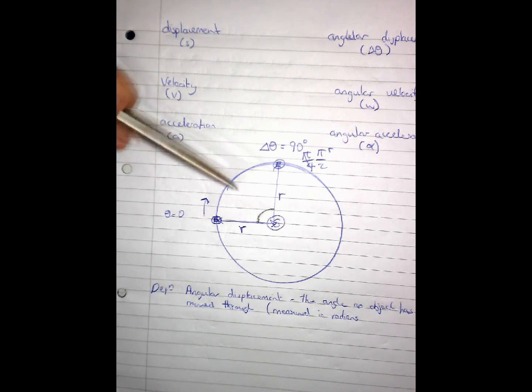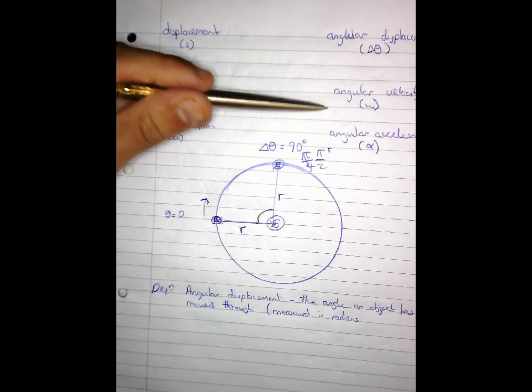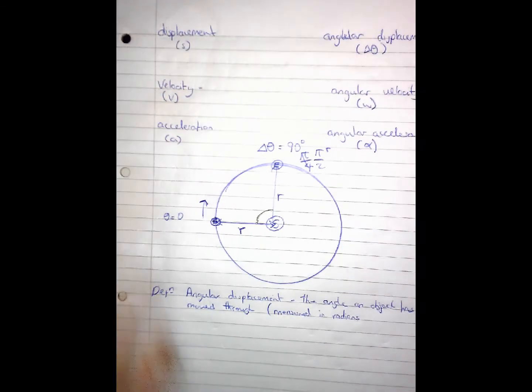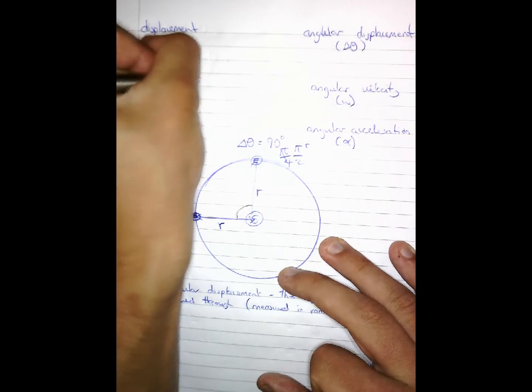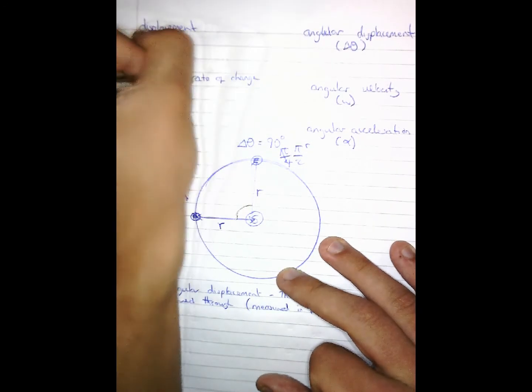If we then look at this new quantity here, angular velocity, what we have from our normal or regular quantities compared to our circular quantities, we have a definition of velocity. The velocity is defined as the rate of change of displacement.